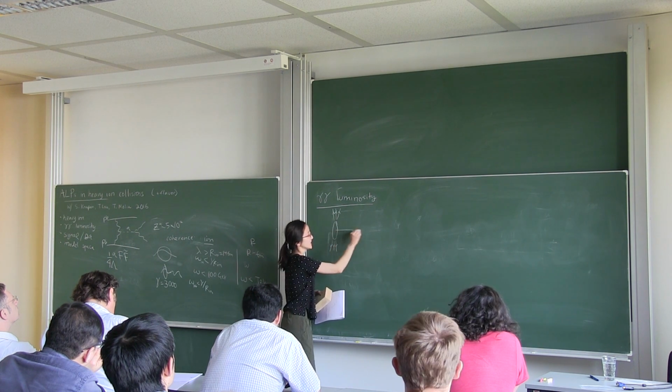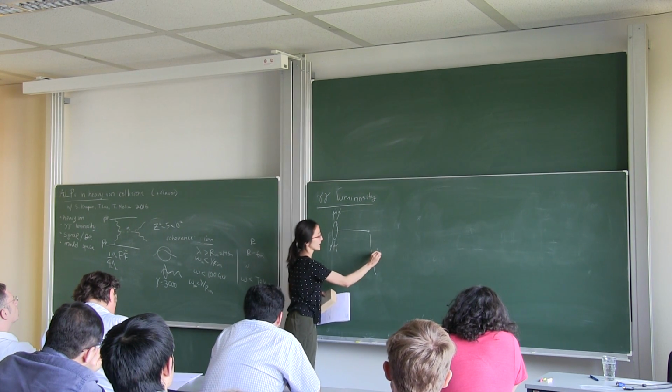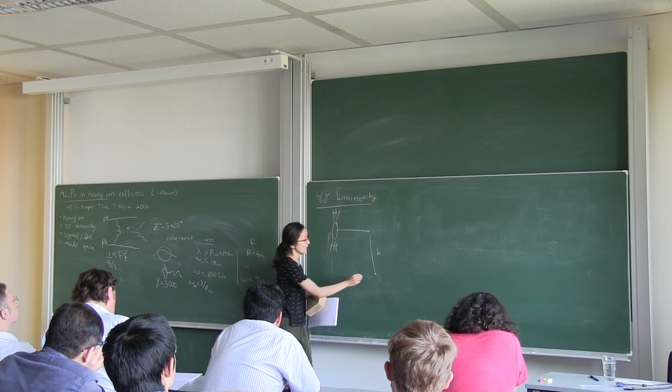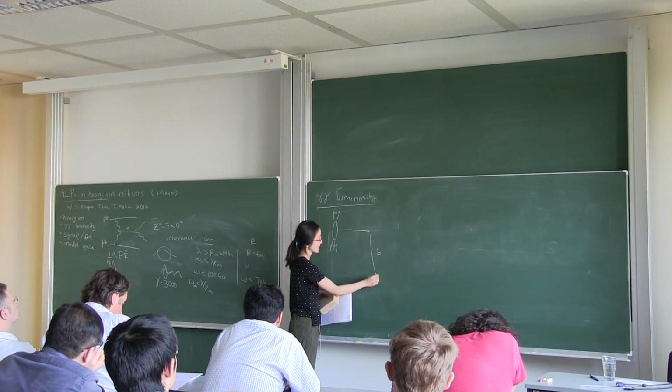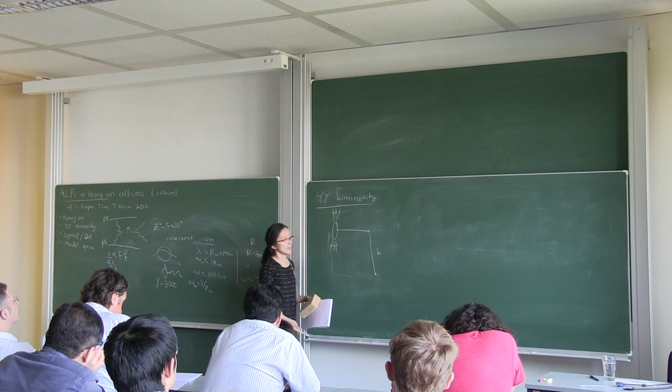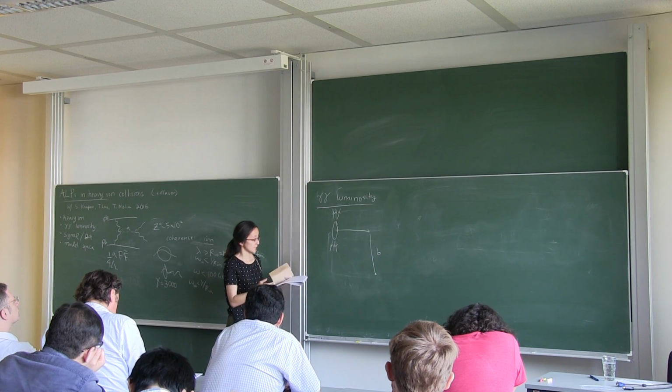So for instance, here's the ion. If I'm looking here, this is the impact parameter b. As the ion goes by, I see some pulse in the electric field, which I think of as some flux of photons.